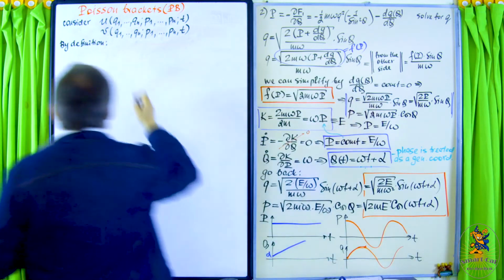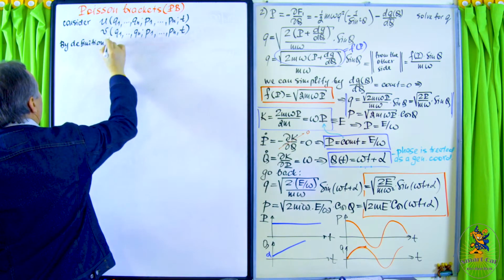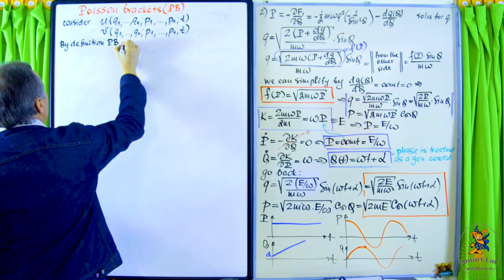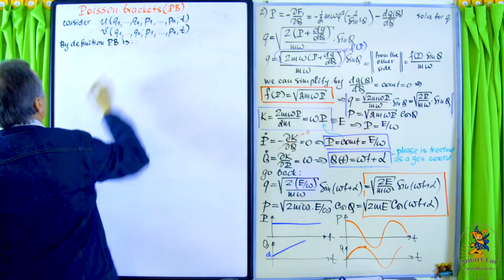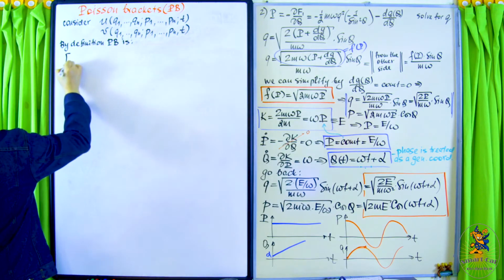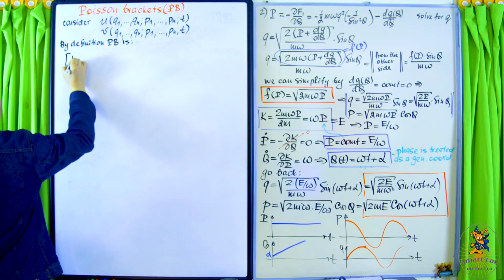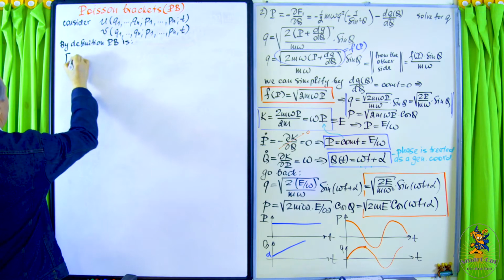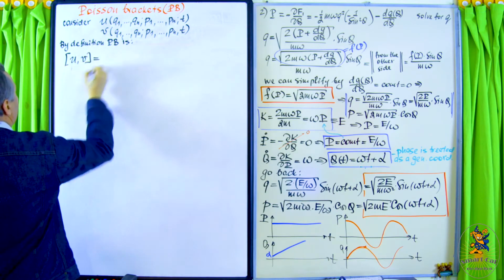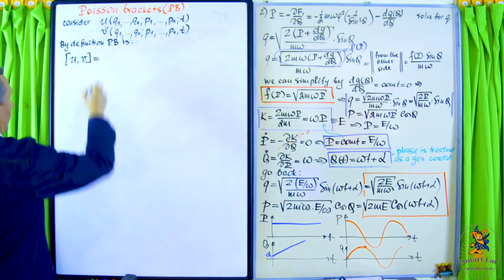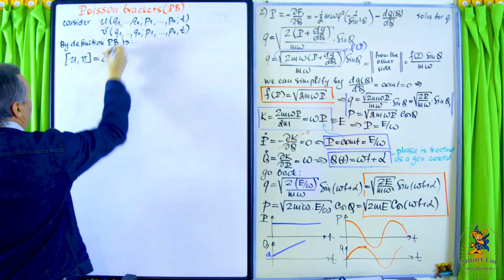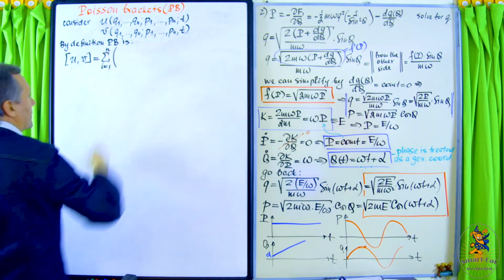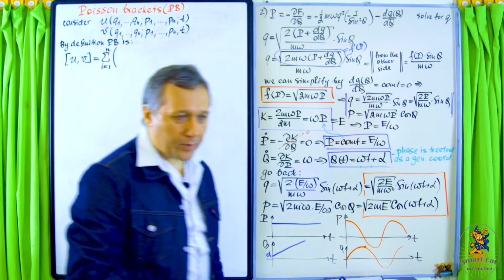So by definition, the Poisson bracket, we're going to use square brackets, of u and v equals the summation over all these i's from 1 to n, and then this weird construction of partial derivatives.